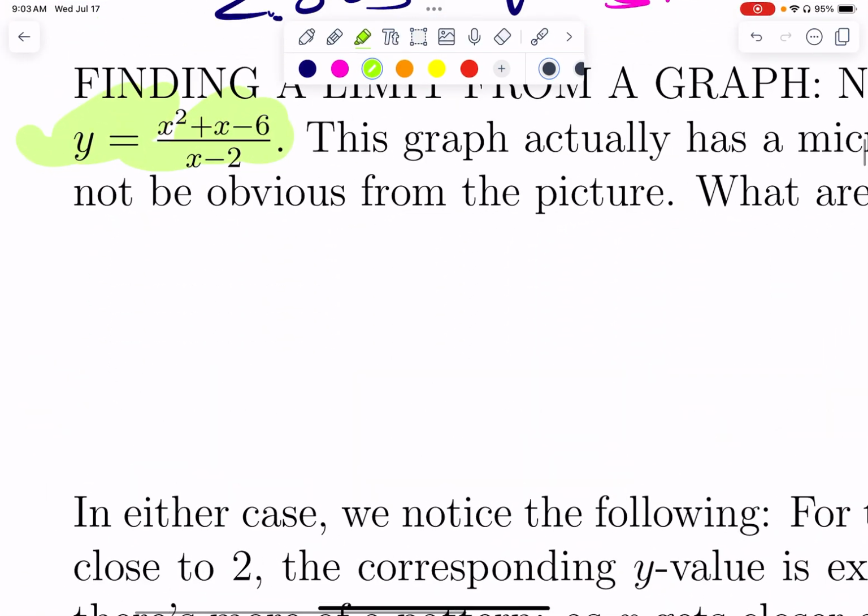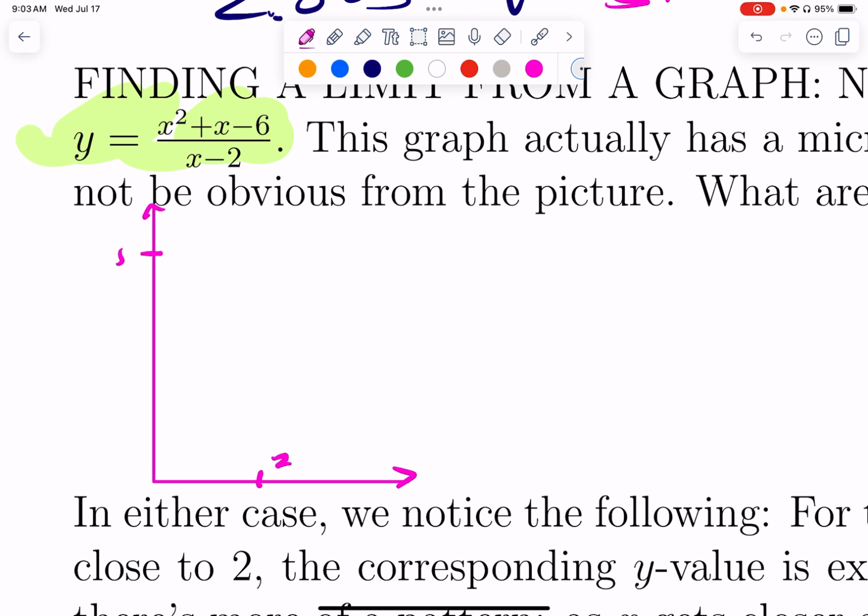What our graph looks like, and I'll just draw a really rough version of this. Here's x equals 2, here's y equals 5. There's technically a hole there, but it just kind of looked like a line. The graph here is a line with a hole in it.